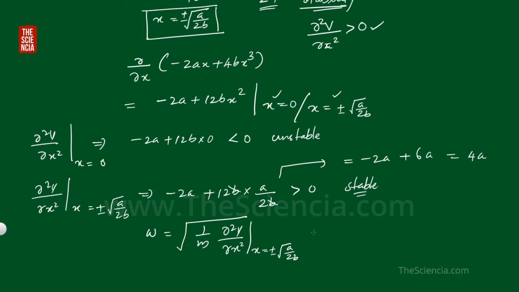We can substitute this value in the equation: √((1/m) × 4a), that is 2√(a/m). This is the frequency of oscillation.